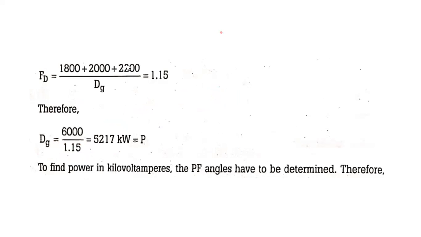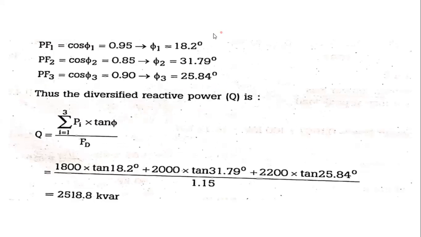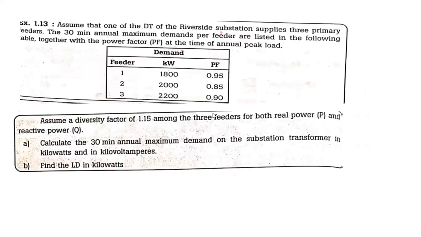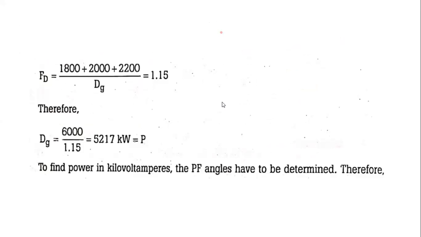How much power factor is there? These are our power factors for the demands. For 1800 we have a power factor of 0.95, for 2000 it is 0.85, and for 2200 it is 0.90.